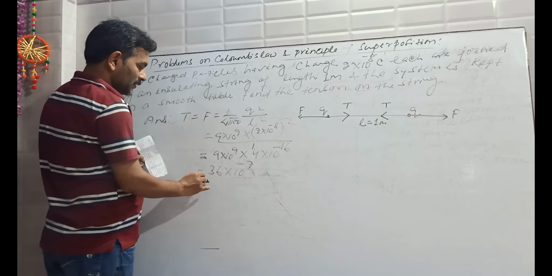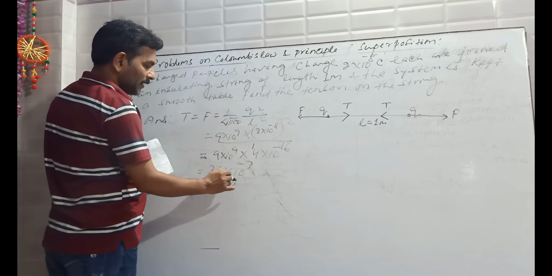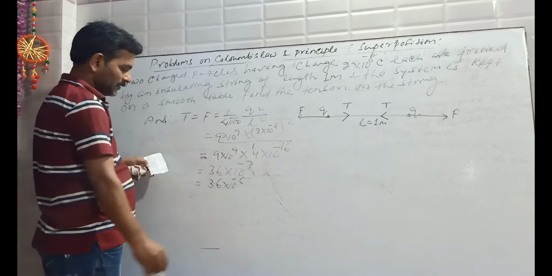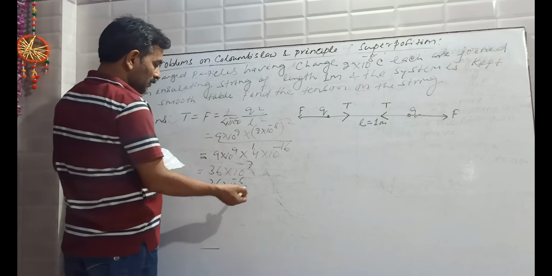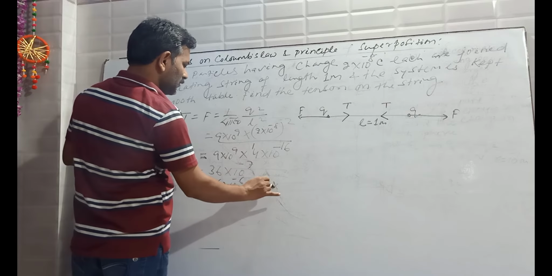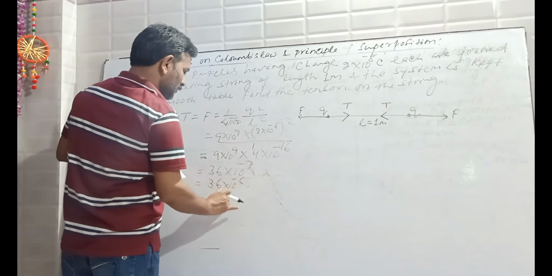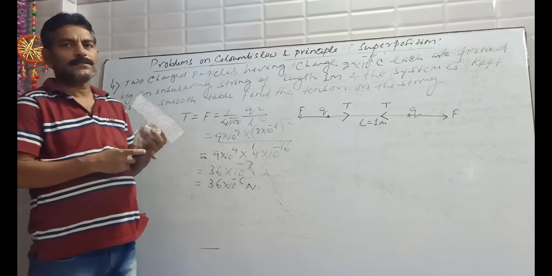So it is 3.6 into 10 to the power minus 6 Newton. This is the tension developed on the string.